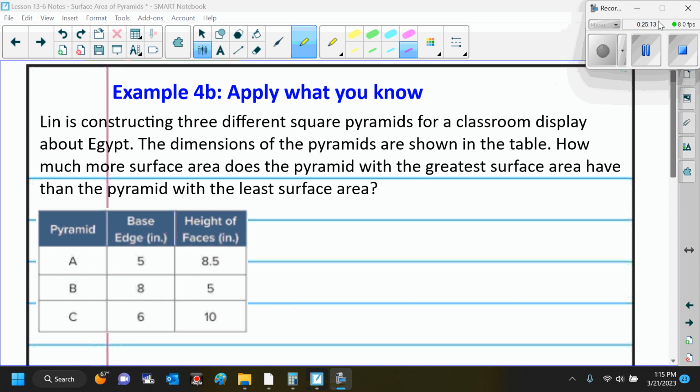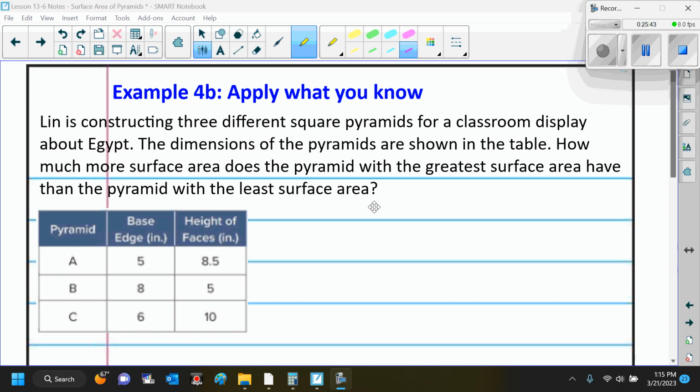So for example 4B, I would like for you to pause the video and do this one on your own. Okay? It says, Lynn is constructing 3 different square pyramids for a classroom display about Egypt. The dimensions of the pyramids are shown in the table. How much more surface area does the pyramid with the greatest surface area have than the pyramid with the least surface area?